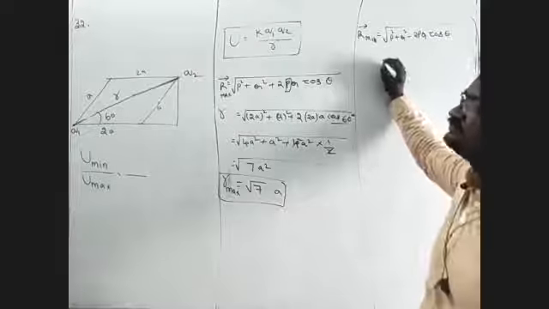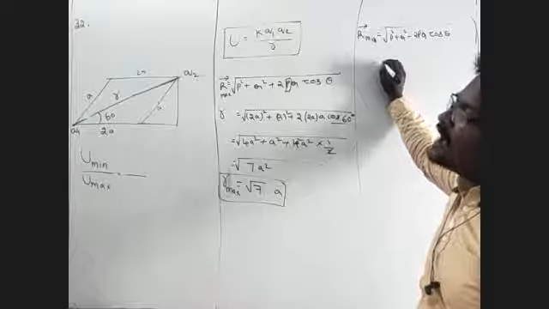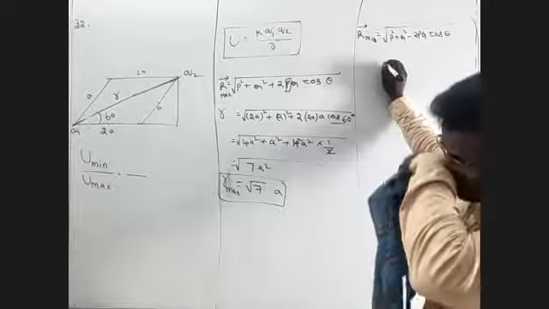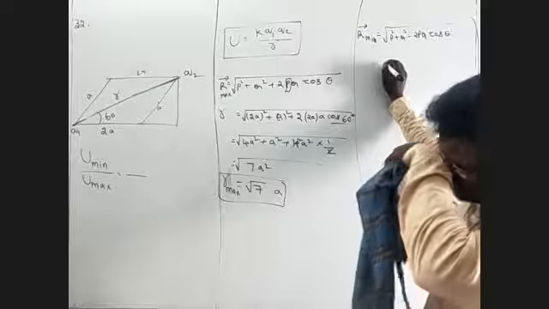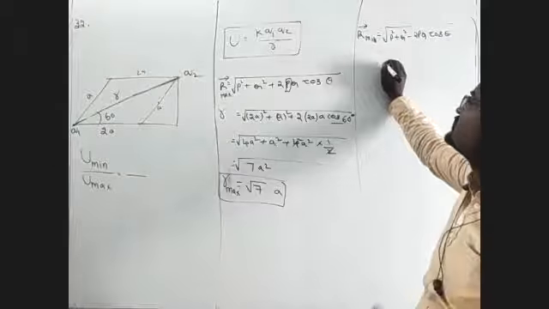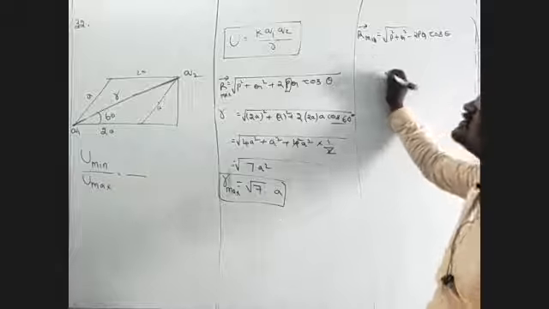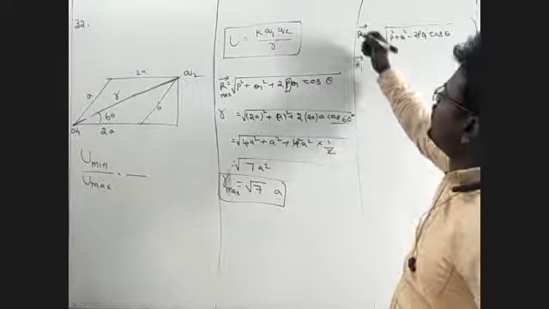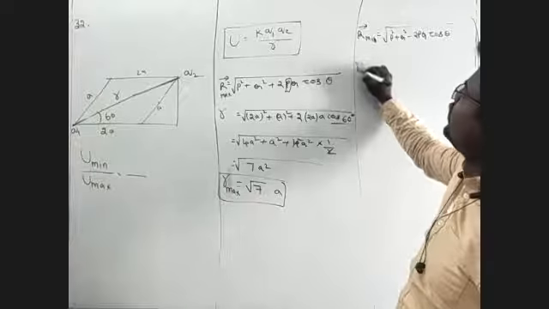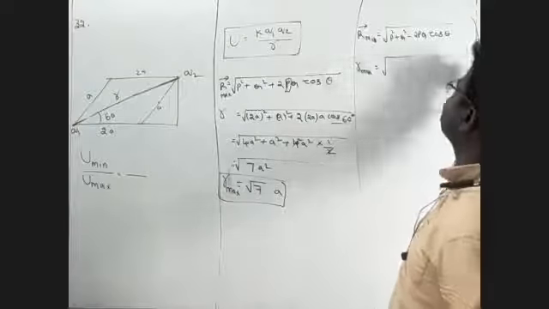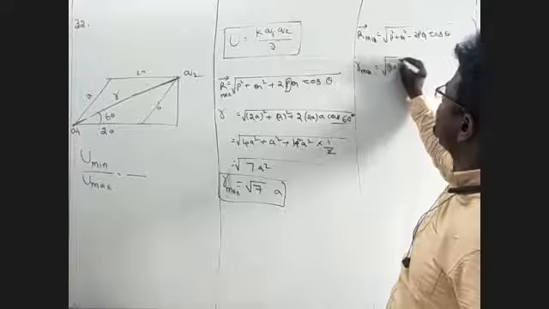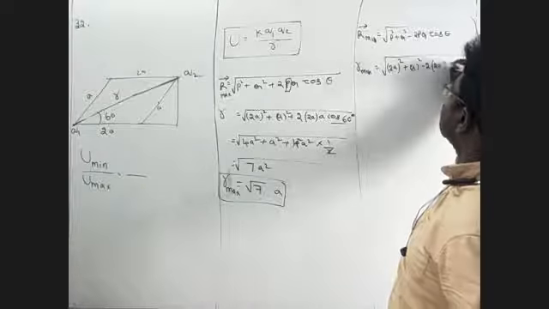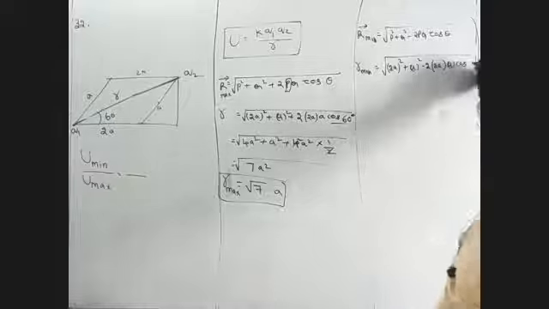So R minimum is equal to the root of P square, that is 2a square, plus a square minus 2a into a cos theta.